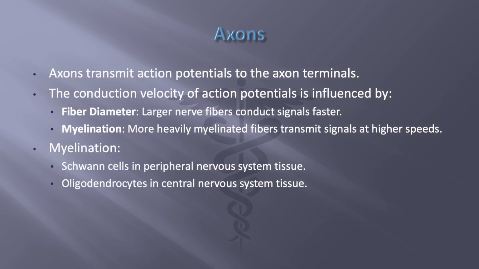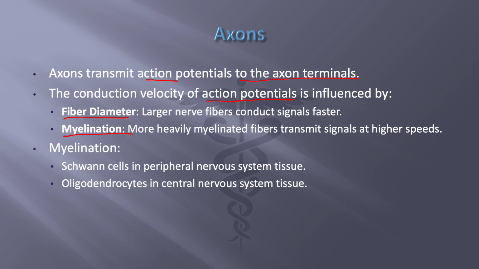Okay, so axons transmit the action potentials to the axon terminal that form that presynaptic cleft and the synaptic cleft. Alright, so the conduction velocity of these action potentials through the axon is going to be influenced by a few things, but mainly our nerve fiber diameter and the myelination.